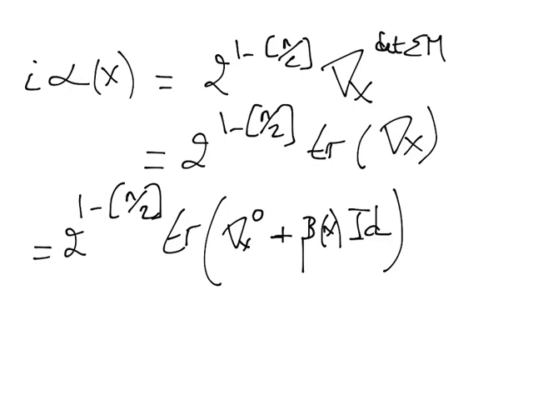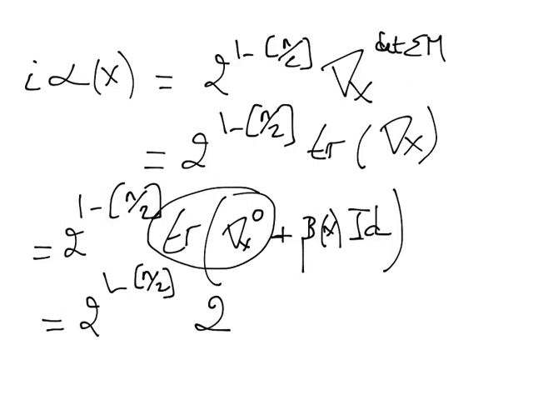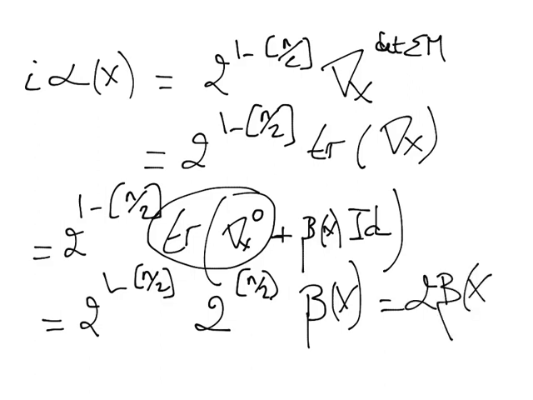But we have proved that nabla prime of x is beta of x identity, and this is 2 (1 minus n over 2). Of course, the trace of nabla x0 is 0, because nabla x0 is traceless. So I still have 2 to the power n over 2 and beta of x, which is 2 beta of x.